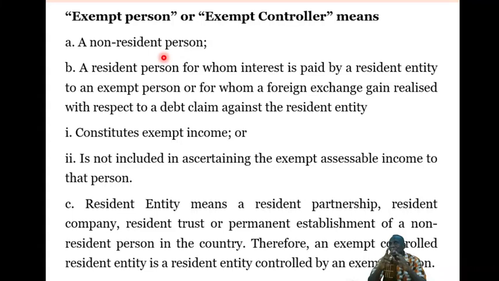So there are two things the resident person can gain from somebody that is controlling in Ghana. The person can gain interest on the loan, and in addition, if that loan is a foreign loan, the person can make a foreign exchange gain, since more cedis will have to be given for the same amount of loan.